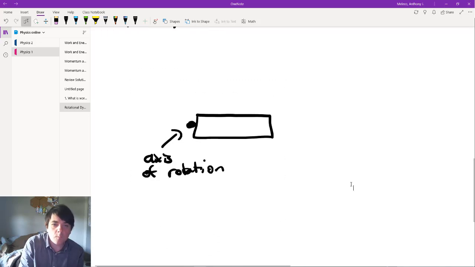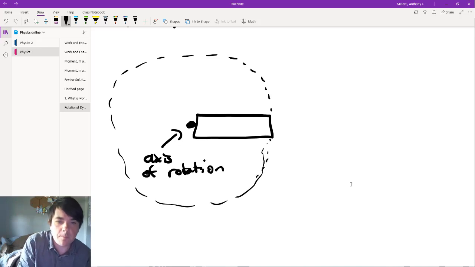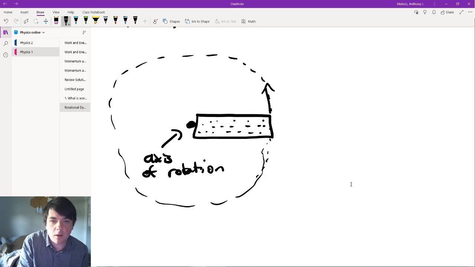So now what we can do is rotate this box about the axis of rotation. We rotate it this way, so it's going to move this way. These pieces of the object that are closer to the axis only need to move around this track, to move in a circle. But if you're moving the whole thing, everything's attached to it, and so these guys, to move in the whole circle, have to move this amount.